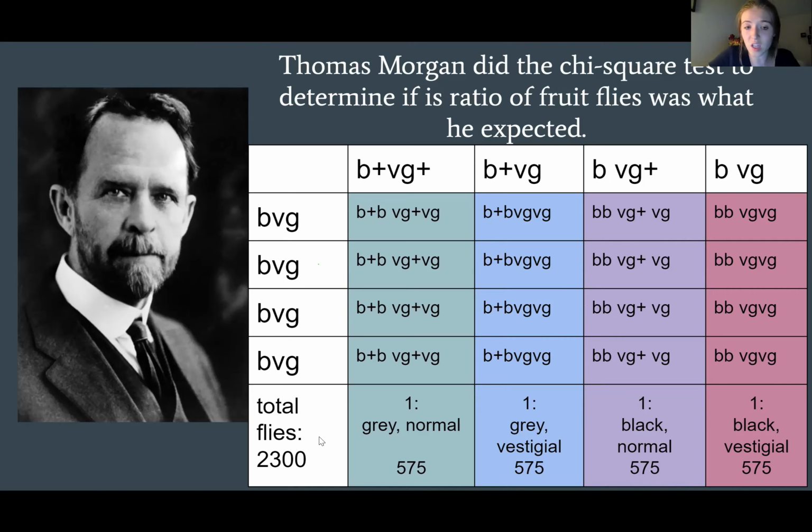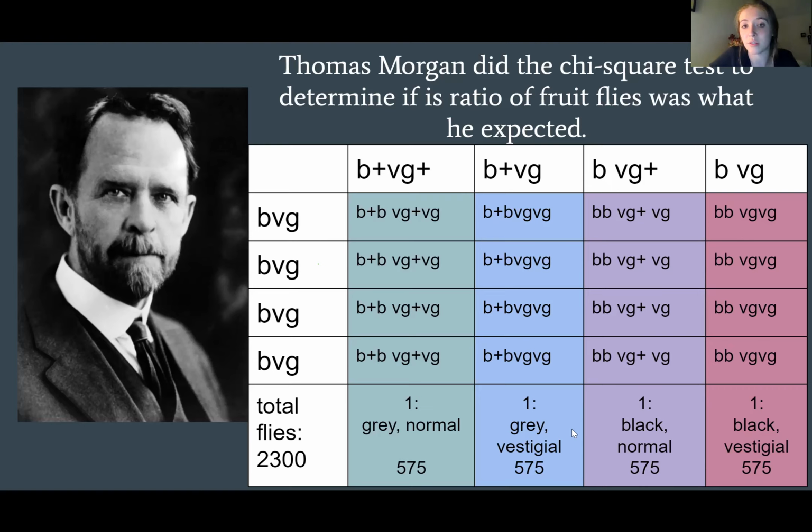Based on the number of flies that he had, 2,300 flies, this was the number of flies of each particular phenotype that he should have expected. He should have expected around 575 gray normal winged flies, around 575 gray vestigial winged flies, same for black and normal winged flies, and the same for black vestigial winged flies.